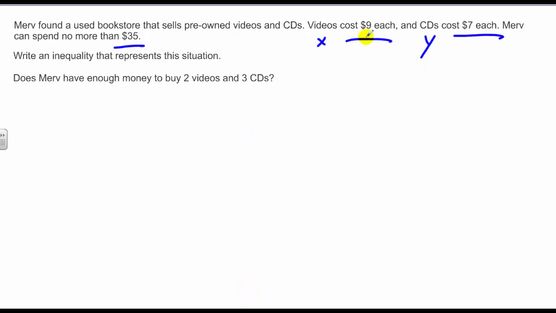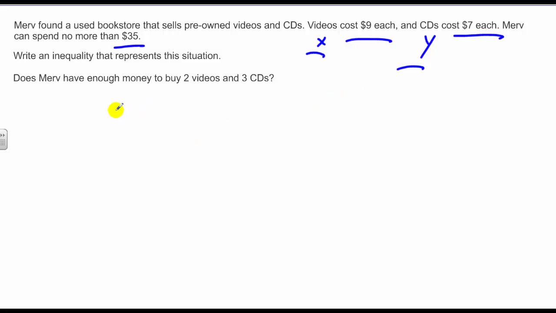And we know that if we bought one video, it would be $9, two videos, 18, three videos, it would be 27, etc., etc. One CD would cost 7, two CDs, 14, three CDs, 21. If I wanted to keep doing that for any combination, I could use my variables to get this done.